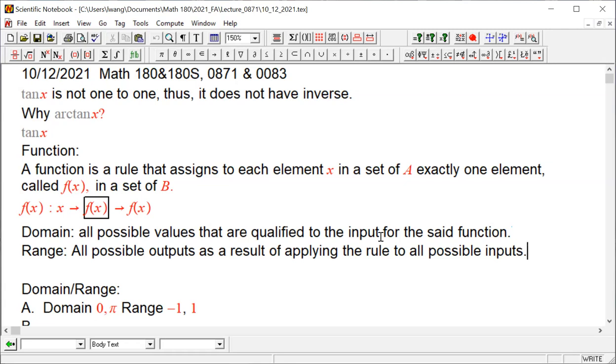Examine my words to see if you have any questions. So that's the domain and range concept.